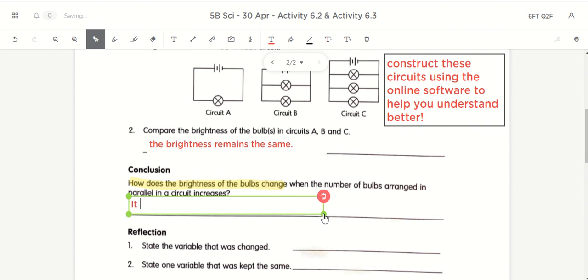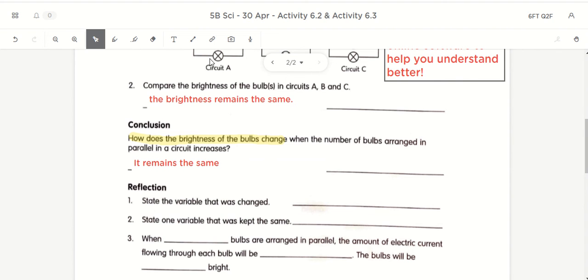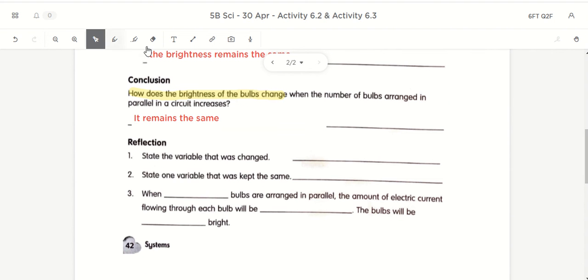It remains the same. When your bulbs are connected in parallel, it doesn't matter whether there are more or fewer bulbs, the brightness remains the same. All right, with that, let's look at the process skills.